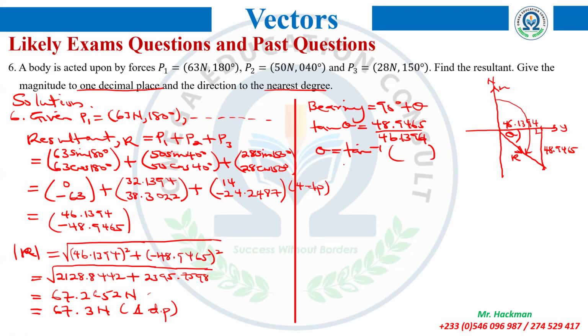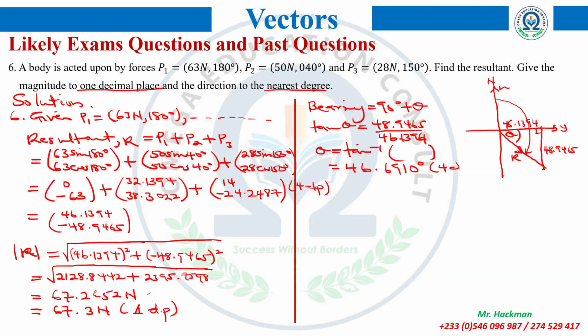So I'm waiting for your value. 46.6910. Don't forget the degrees, and you've approximated, so 4 dp.